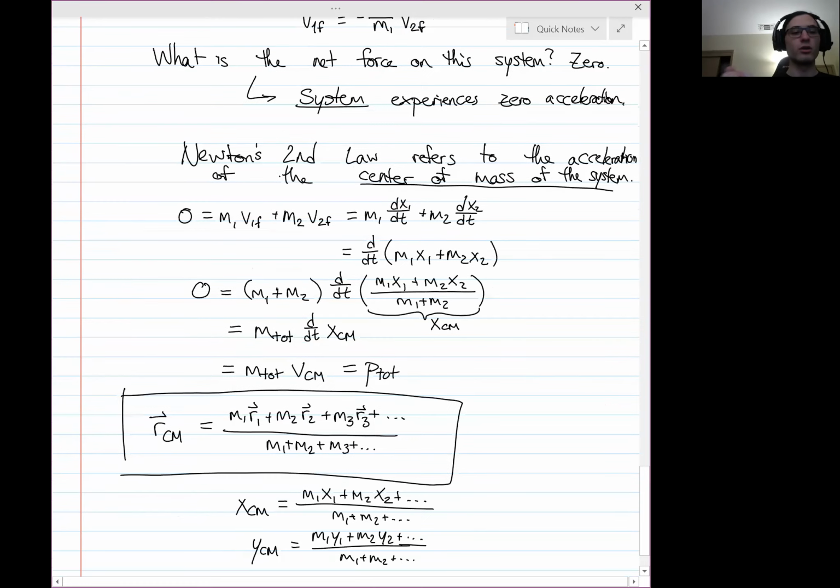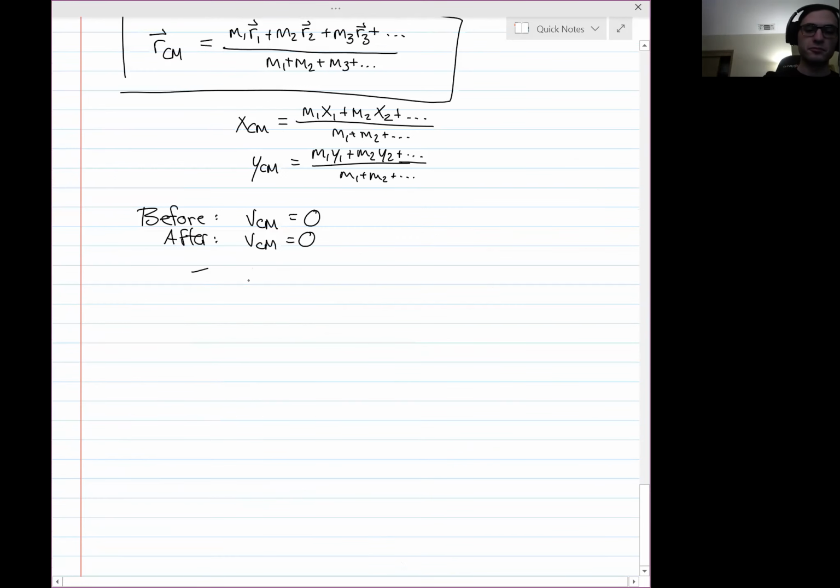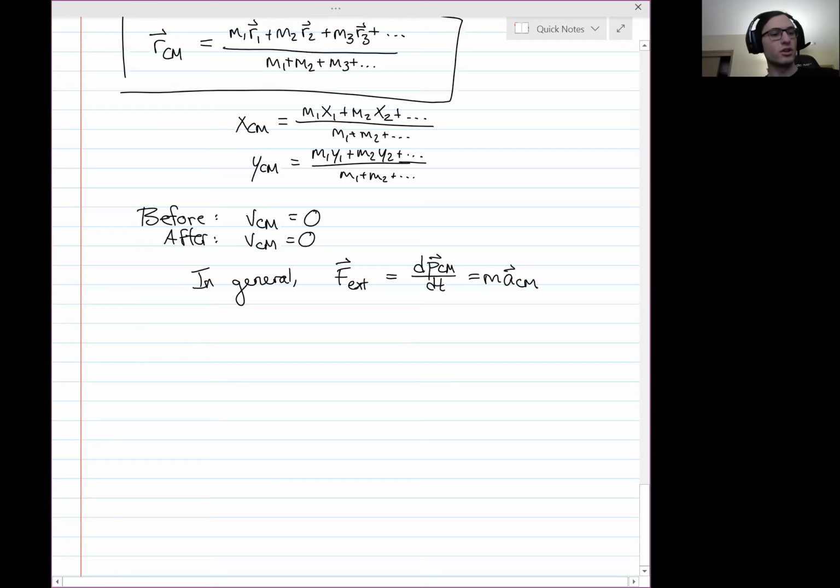And so in general, F external, the external forces, is equal to the time rate of change of the center of mass momentum with respect to t. And this is just M A_cm, mass times the center of mass acceleration.